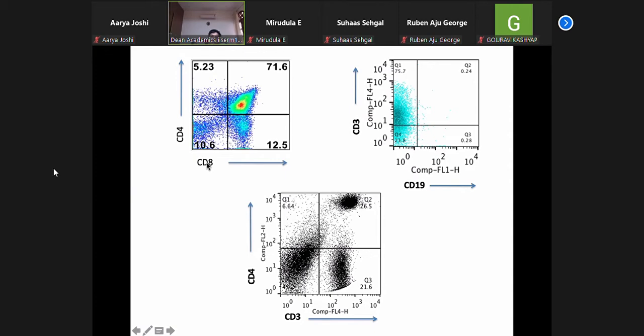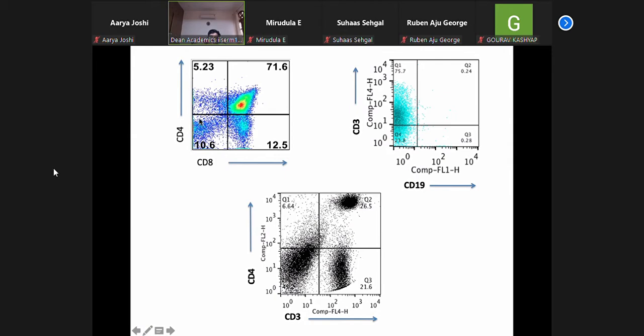Now, depending on these lines that you draw in between, these FACS plots, these are called FACS plots. So you can label them as positive population and negative population. Same is the case with, for example, this line here. Something which is positive for this marker will be above this axis. All these are positive for CD4.